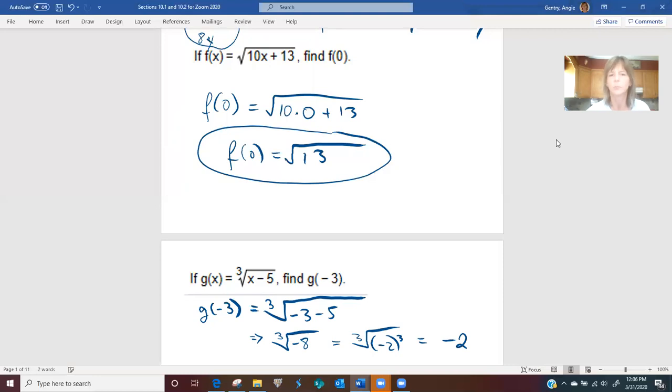So what does this mean? G of -3 equals -2. What this means is when you plug in a -3 for x, then you get a -2 out for the y, if you were graphing this.